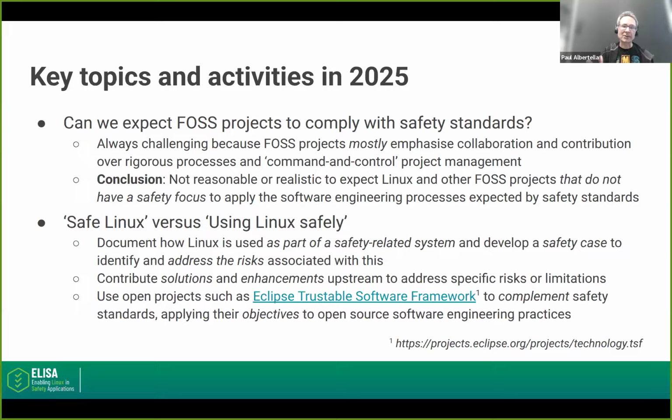So making the transition from applying it to dedicated proprietary single-purpose software to applying it to open source software can be a challenge. So using projects like the Trustable Software Framework and ELISA, the kinds of approaches that we can develop can help us to work out how Linux can be part of a safe system.